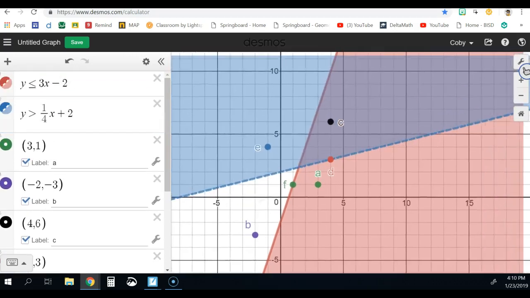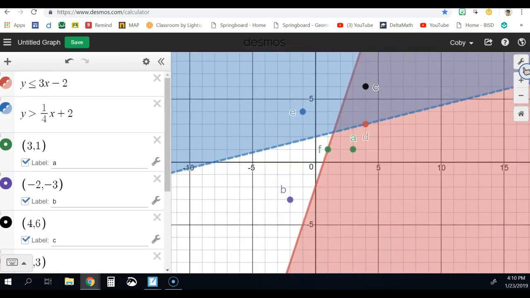If you look over here now, you can see point A is in the red but not the blue. Point B is in none of them. Point C is in both of them, red and blue. Point D is on the dotted line. Now, if that was a solid line, it'd be good. But being dotted, it's not.